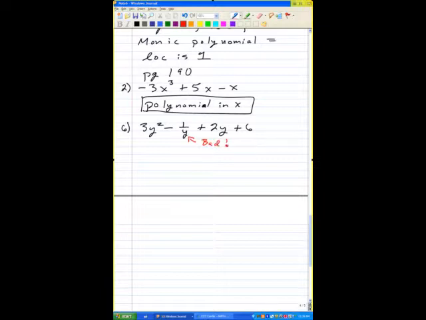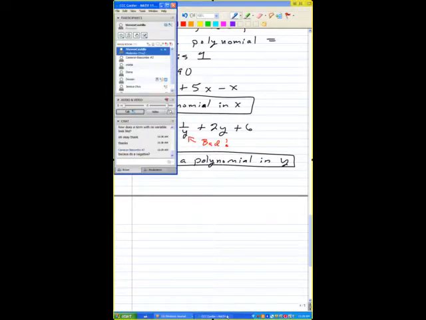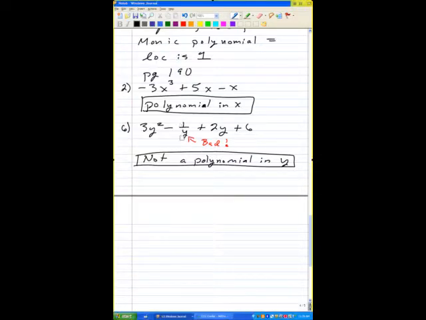I can't have that. So no, this is not a polynomial, because you cannot have variables in a denominator. Because it's 1 over y, you cannot have a y in the denominator.